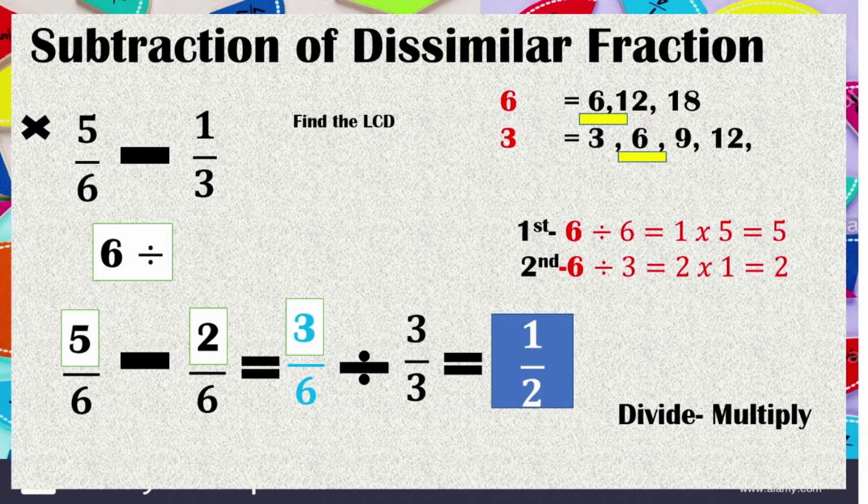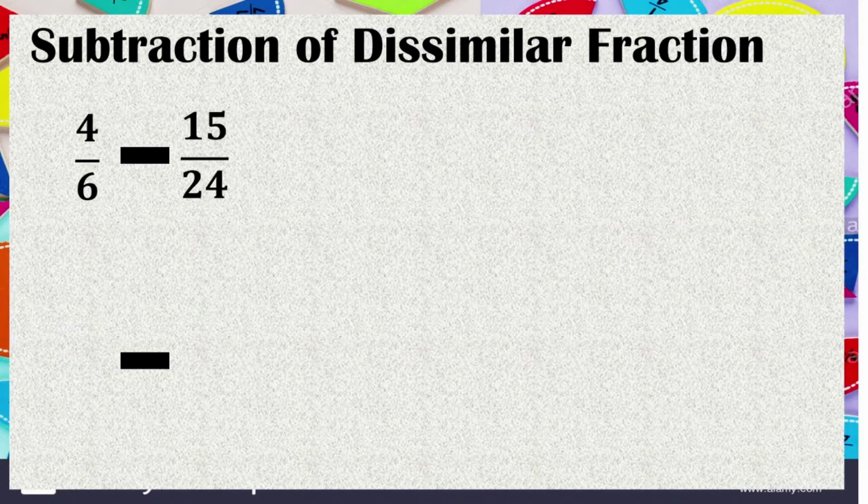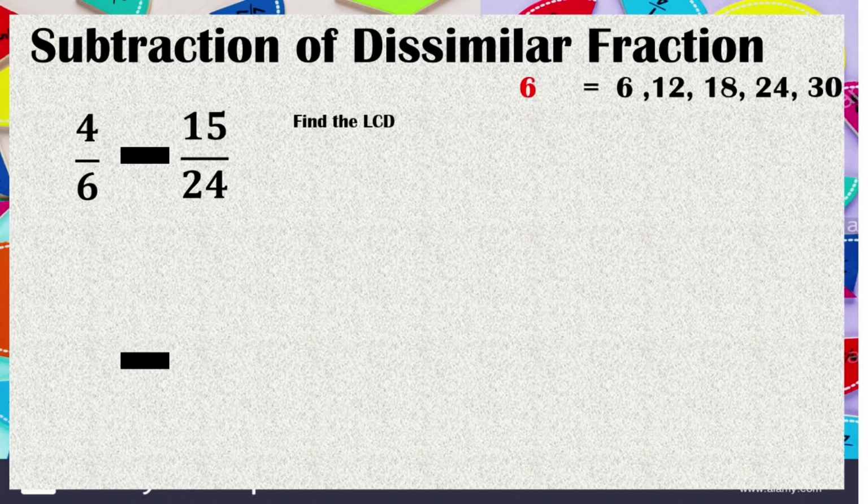Again, next example. 4 over 6 minus 15 over 24. Again, the same process. Let us find the least common denominator using the LCM. So, yung 6, 12, 18, 24, 30. Next, yung 24, 24 at 48.